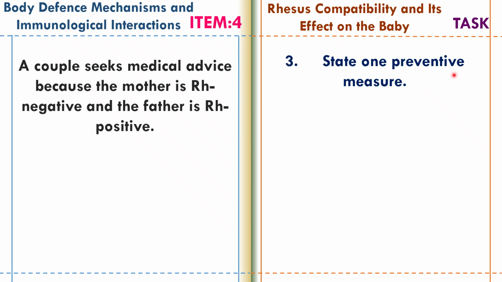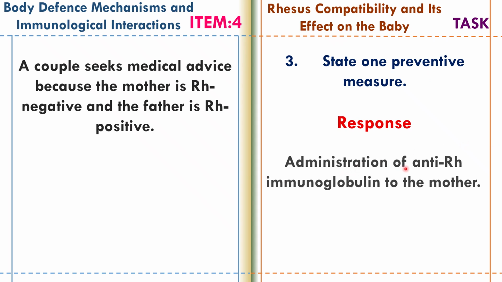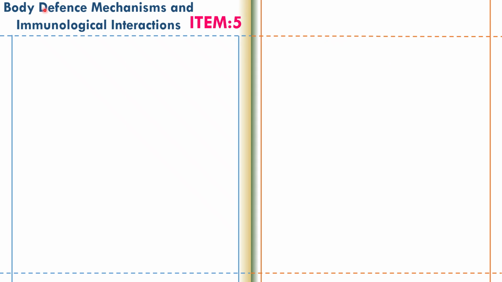State 1 preventive measure. Administration of anti-rhesus immunoglobulin to the mother. Defense mechanism and immunological interaction, item 5. Application to public health.